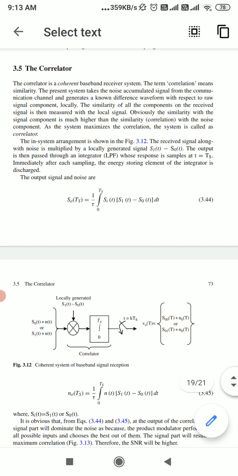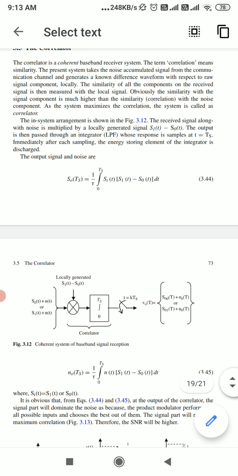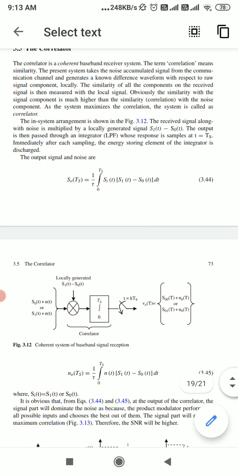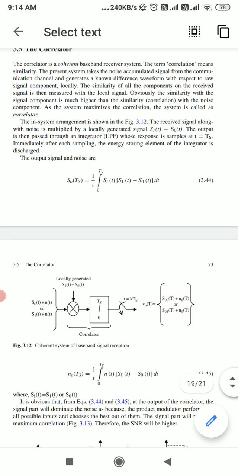So, if we have to synthesize a filter for minimizing the error probability of the receiver, the optimum filter, we can use either the matched filter or the correlator, because both have the same output and the same performance.